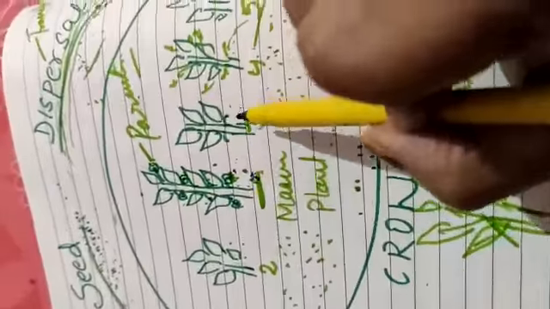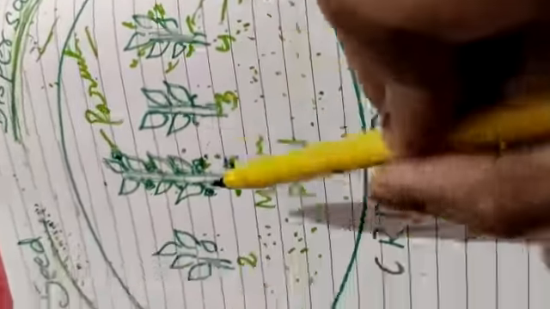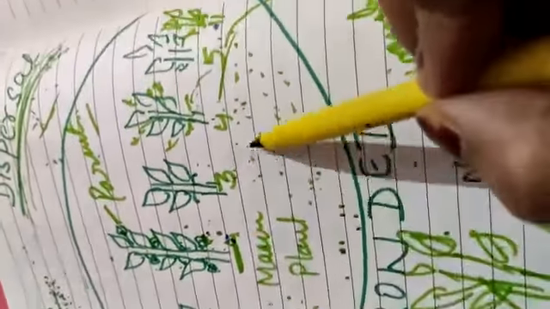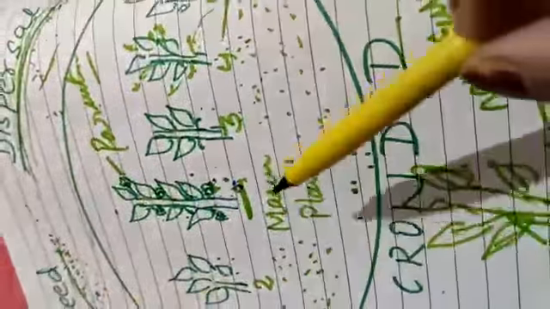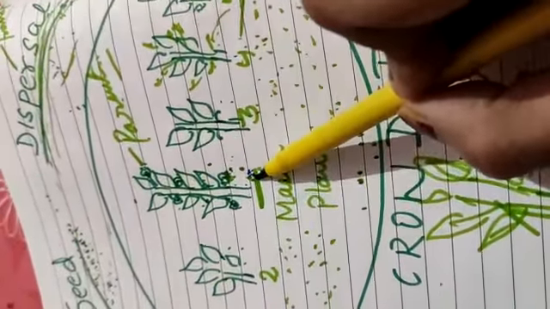How many plants have you seen here? Yes, there are 1, 2, 3, 4, 5 plants grown near the parent plant.